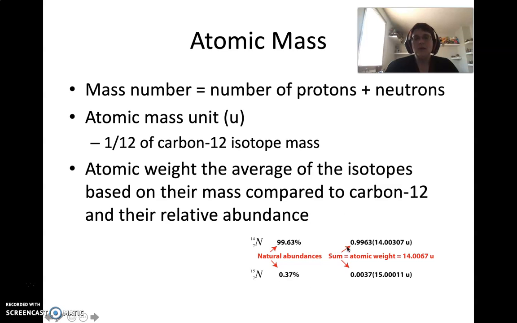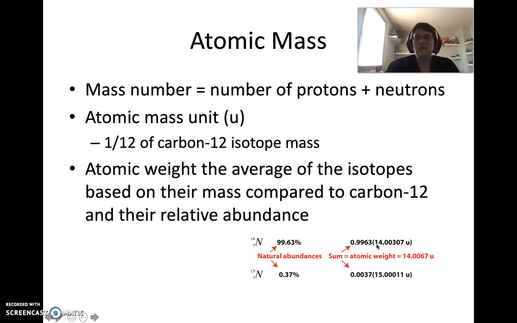So then what we're going to do is take their abundance and multiply them by their atomic mass unit. So you can see it's not exactly 14, it's not exactly 15. That's that conversion to the mass unit compared to carbon-12. So you take those 2 calculations, add them together, and that gets us 14.0067.